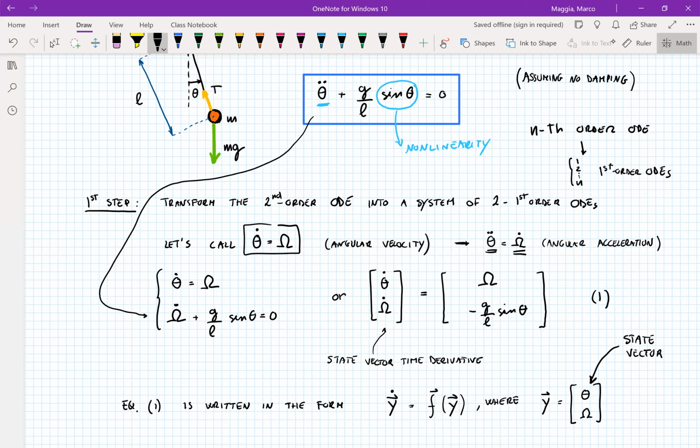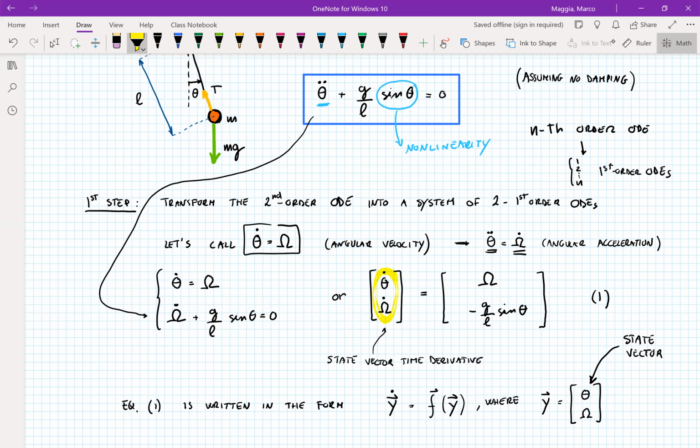So you see here that by transforming the second order ODE into two first order ODEs, we only have the first derivatives, but now we have two unknowns. And these two unknowns, theta and omega, are the so-called state vector.